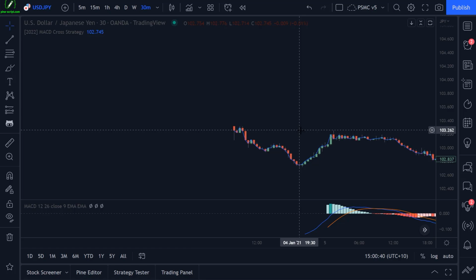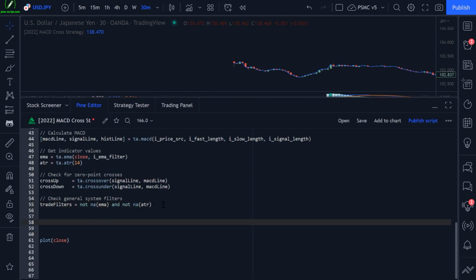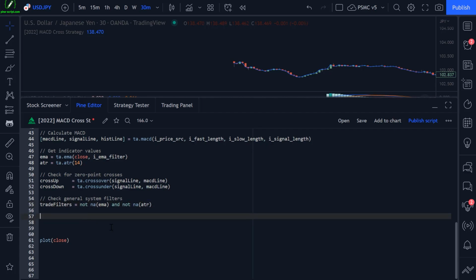And if you have an NA stop loss or an NA take profit, your trade will never close. That is going to be a problem in our strategy tester. So I like to make sure that all of my indicator values are not NA. This is a good practice to employ on any script you code that uses an indicator value.